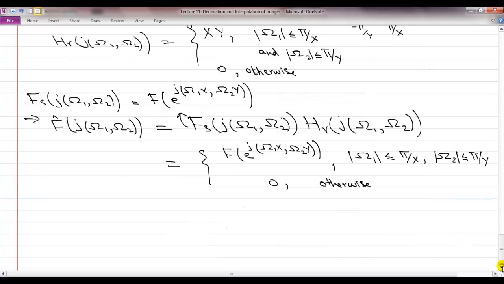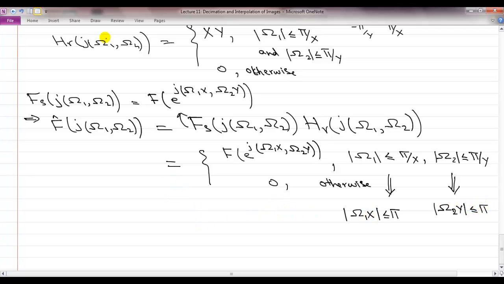Now, what does that mean? If you look at omega 1 being less than or equal to pi over X, this of course means that omega 1 capital X is less than or equal to pi, and this means that omega 2 Y is less than or equal to pi.